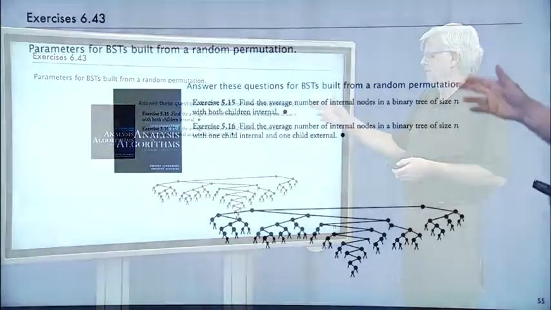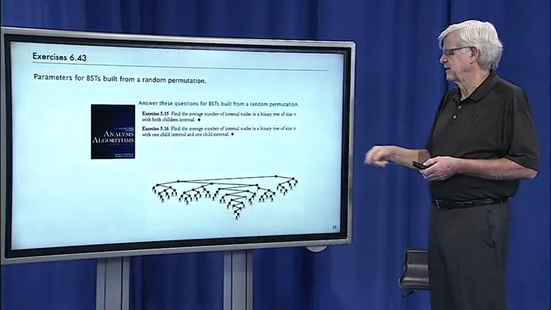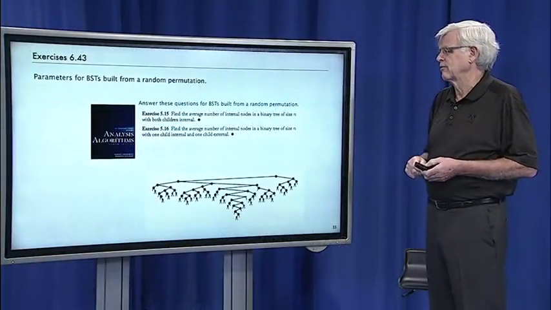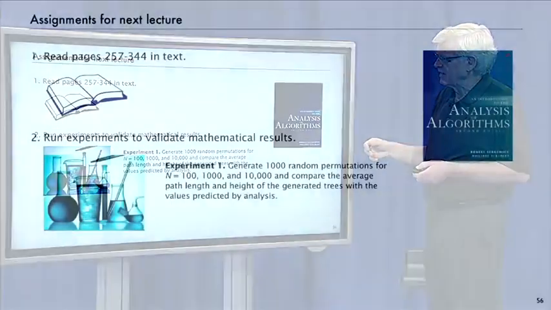The red ones are the average number of internal nodes whose children are both internal, and the blue ones are the average number of internal nodes that have one internal and one external child. For random Catalan trees, we did this before, and we got the solution as a constant fraction. And so this is to compute that for random binary search trees. In lecture 5 we talked about that, and now you can compare these results against what we got in lecture 5. That's the reading for the next lecture.